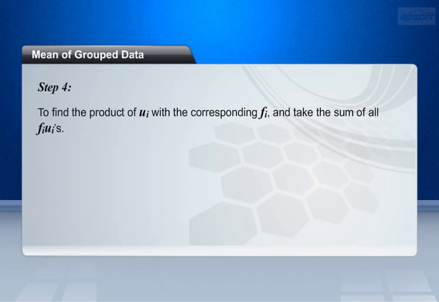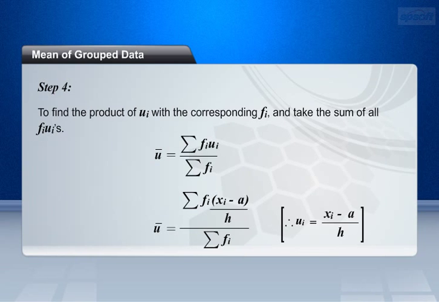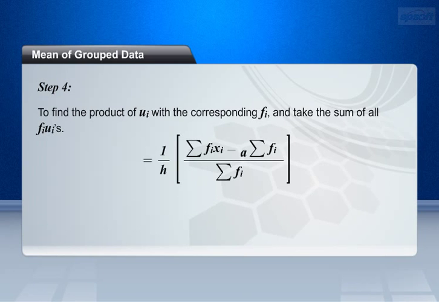Step 4. Find the product of ui with the corresponding fi, and take the sum of all fi ui. U bar equals sigma fi ui by sigma fi. This is equal to sigma fi into (xi minus A) by h by sigma fi, since ui equals (xi minus A) by h. This is equal to 1 by h into (sigma fi xi minus A sigma fi) divided by sigma fi.